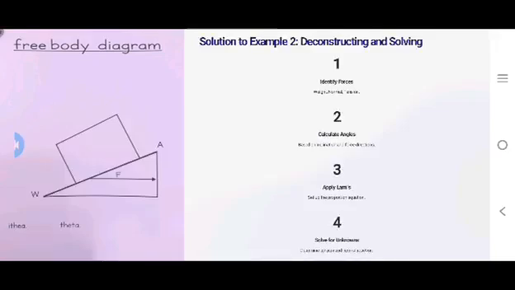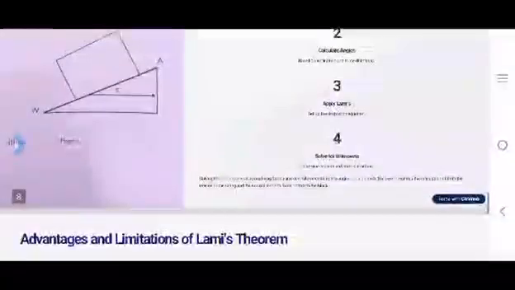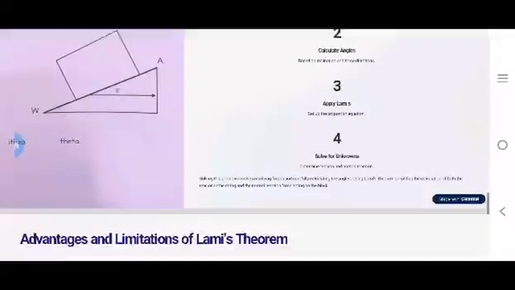Apply Lami's theorem's proportions and equations to solve for the unknowns. Solving these problems involves resolving forces and carefully calculating the angles, and using Lami's theorem simplifies the calculation of both the tensions in the strings and the normal reaction force acting on the block.